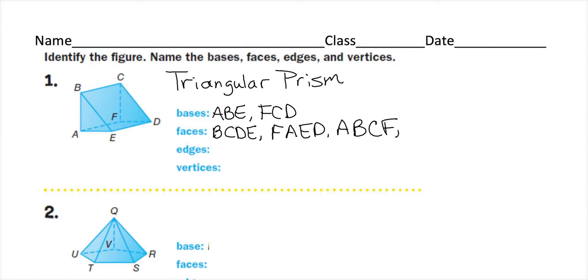Some books do include them, some don't. We're going to include them. So the triangles would also be ABE or FCD.